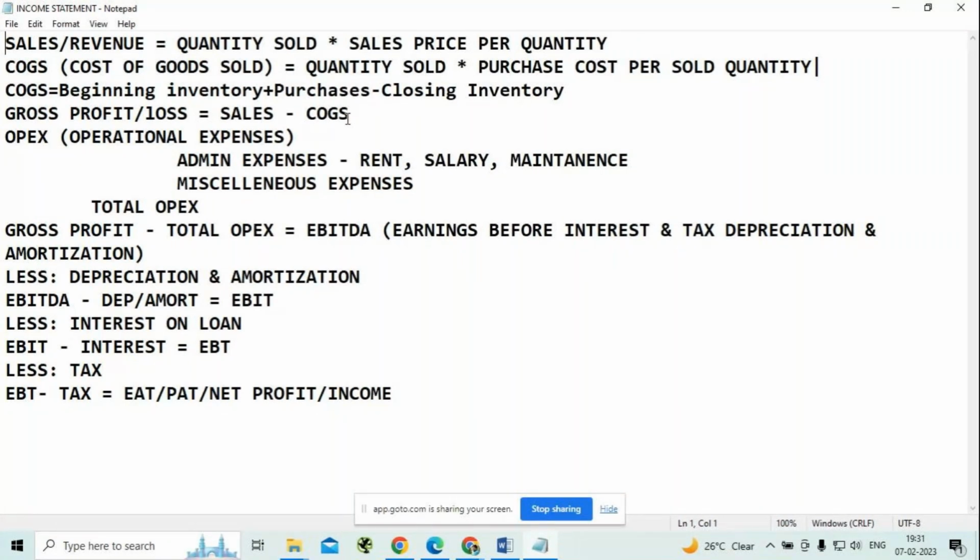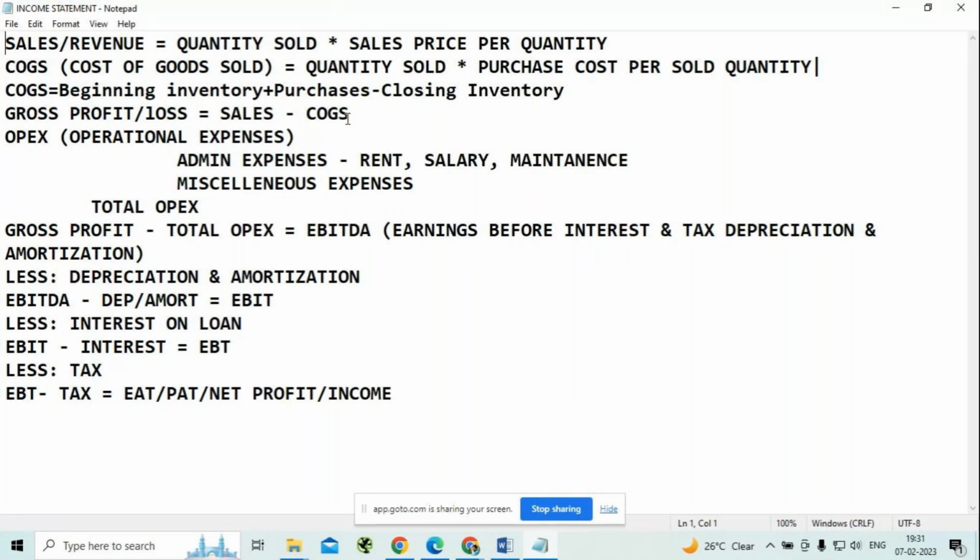For example, if my sales turnover for that particular period is 500 quantity, then to make that sale of 500 quantity, there should be a purchase of that 500 quantity.